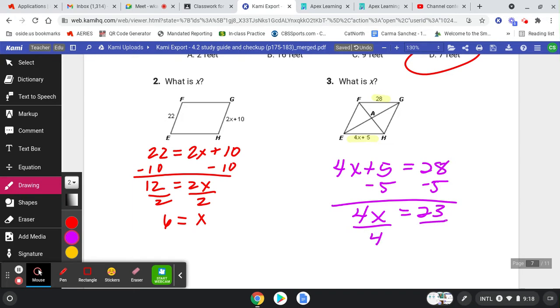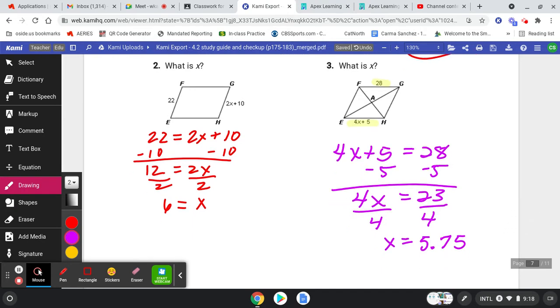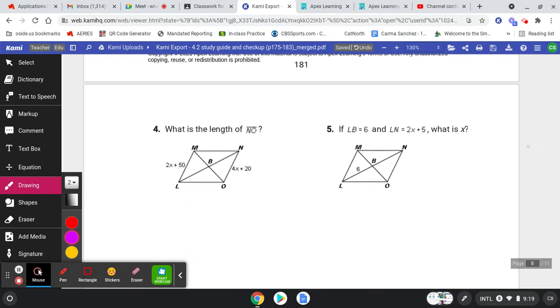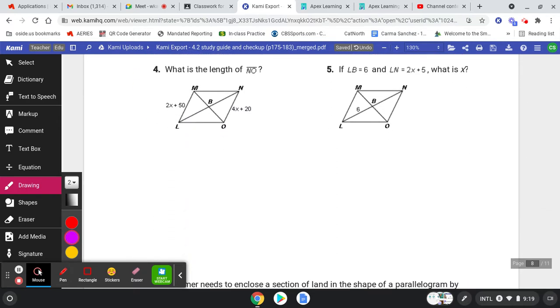So when we get a decimal like this, you can leave it as a fraction, 23/4, or you can actually divide it and give me the decimal of 5.75, whatever you prefer. Both of those answers would be correct. And that's it. How are you on your two-step equations? Are these equations okay for you, or are you feeling like you're rusty on your equations?